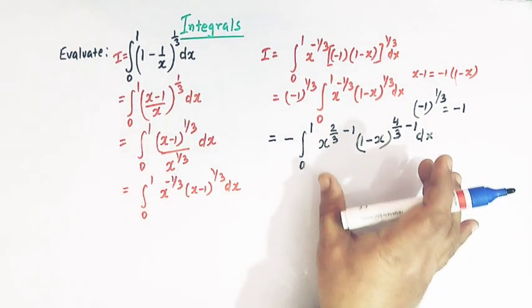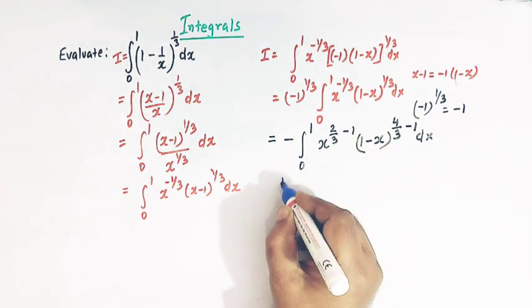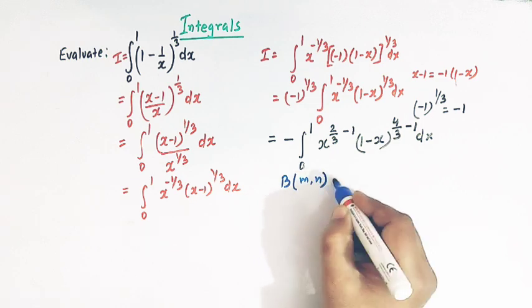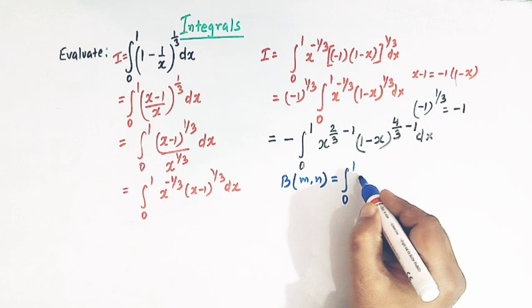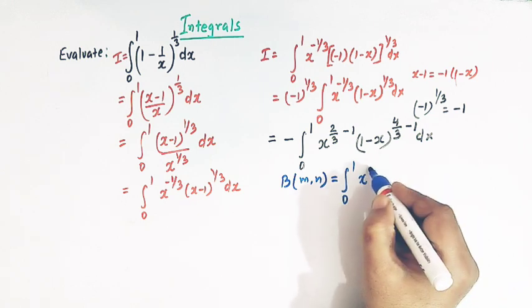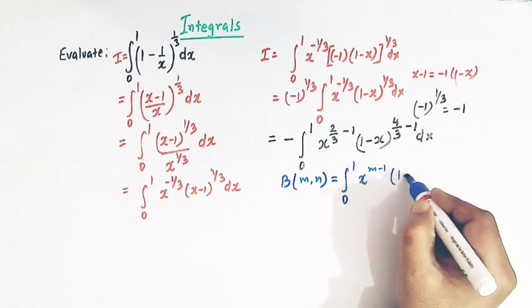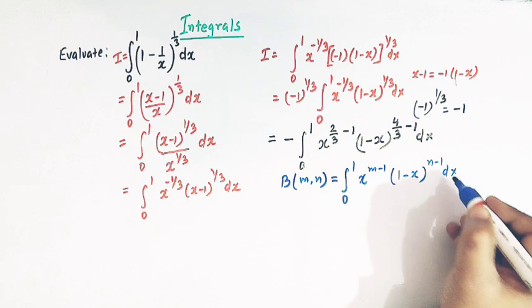So now let us apply the definition of beta function. So the beta function is defined as beta m comma n as the integral 0 to 1, and here we have x raised to m minus 1, and here we have (1 minus x) raised to n minus 1 dx.